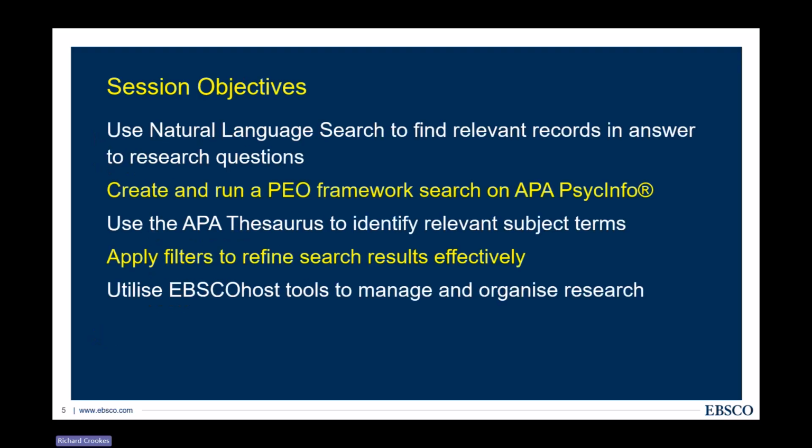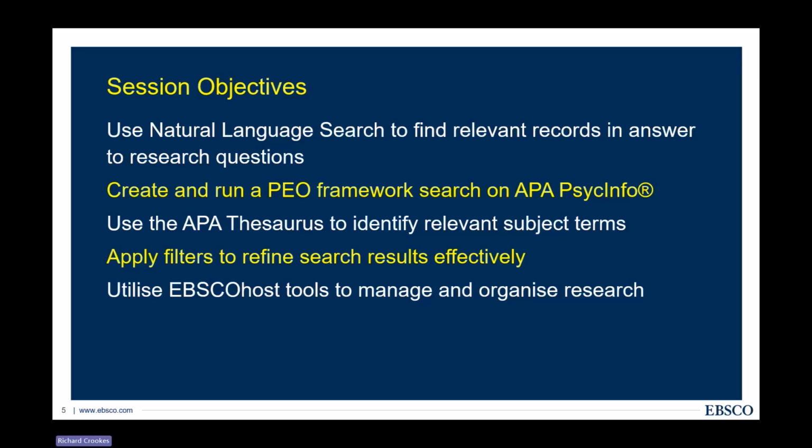So in terms of the actual objectives, I hope that by the end of this session, you'll be able to use the natural language search mode to find relevant records in answer to research questions. I'll say more about that before we run the live demonstration. You'll be able to create and run a PEO framework search on APA PsycInfo. So I'm sure many of you are familiar with PEO. PEO is just an alternative that we can use for this particular example that we have today to run the search.